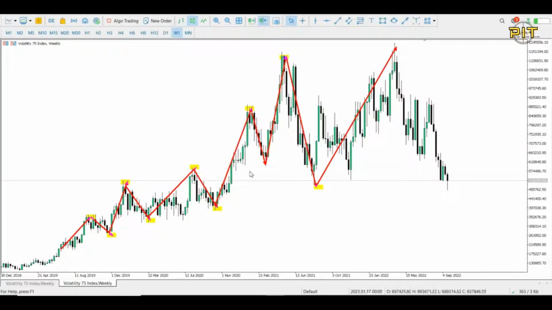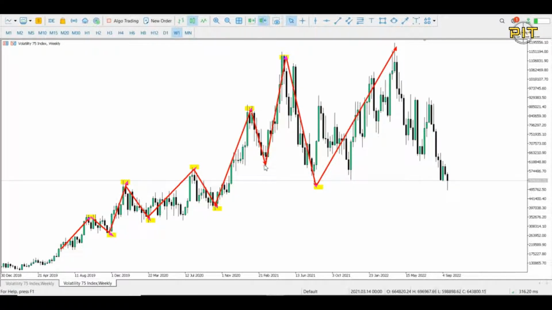Now I won't consider this as a higher low. I would consider this as a liquidity, an inducement. You can see price broke structure, retrace, broke structure, retrace, broke structure, retrace.